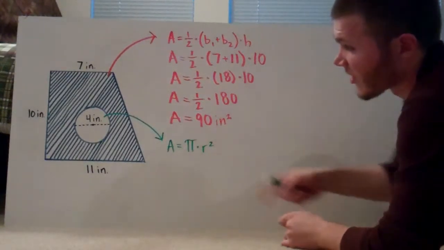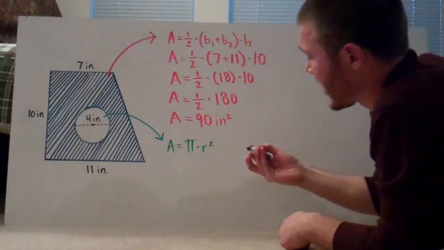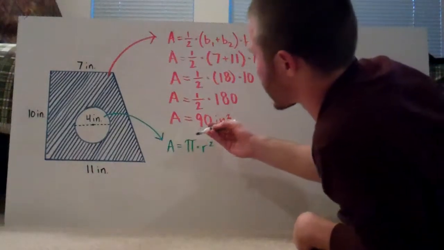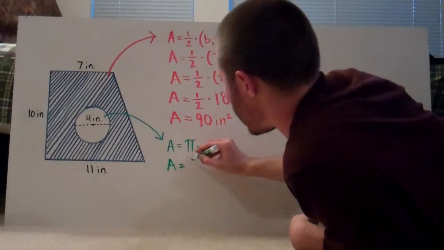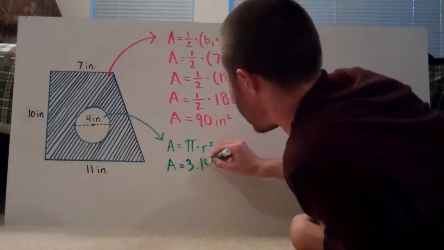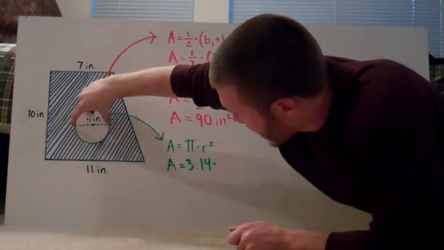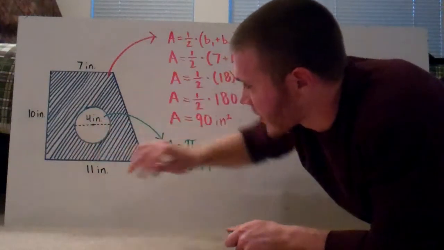Now, for the area of the circle. I have to take pi, which is always 3.14. That's never going to change. That's a constant. So area equals pi, which is 3.14, times the radius squared. Class, this right here, that's the diameter, the entire distance from one end of the circle through the center to the other end.